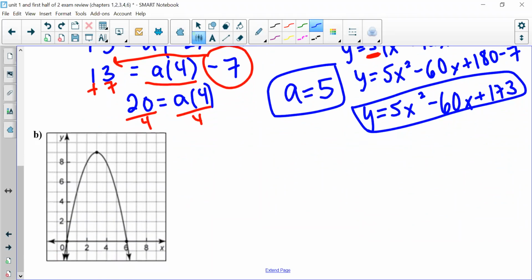This question down here, I just want to do one where you have your x-intercepts. If you have your x-intercepts, I want you guys to start with factored form, because R and S are your x-intercepts.